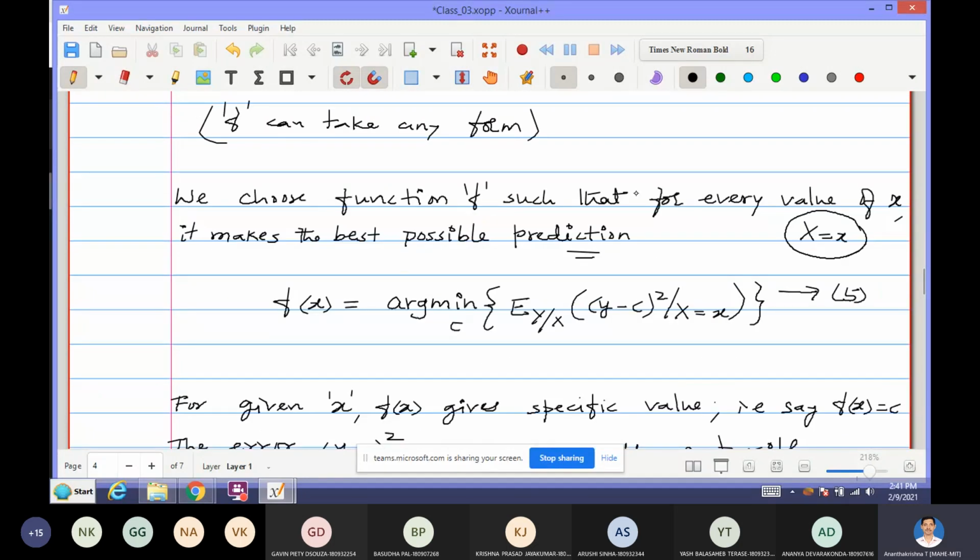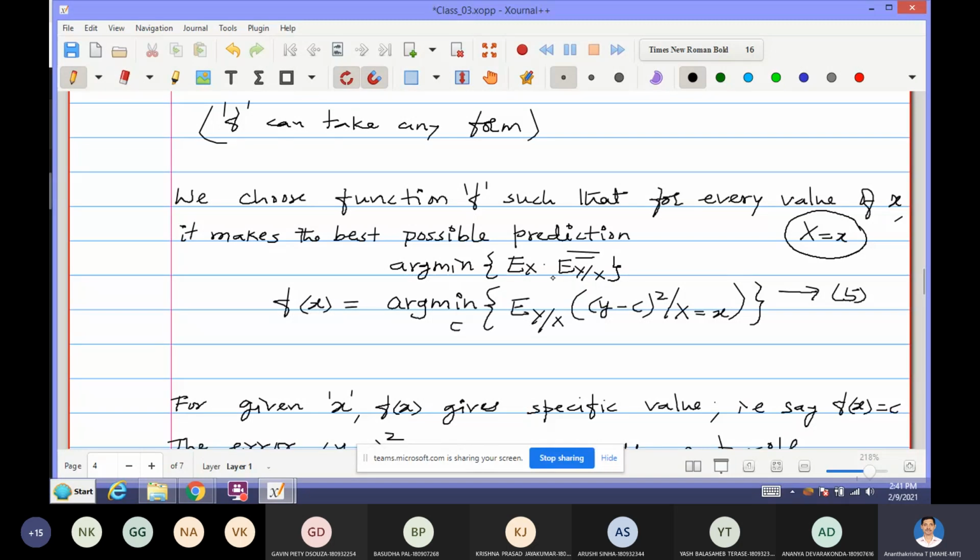So in the RHS, there is actually the argument minimum of E_X, the expectation over x, and E_{Y|X}, the expectation of y given x, isn't it?